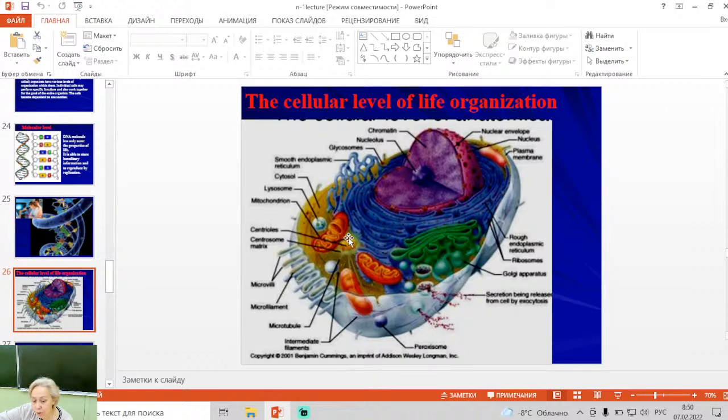Centrioles produce elements of the cytoskeleton of the cell, microtubules. Lysosomes have a trophic function and a function of defense. Microvilli are on the surface of the membrane. The skeleton of microvilli consists of microfilaments.